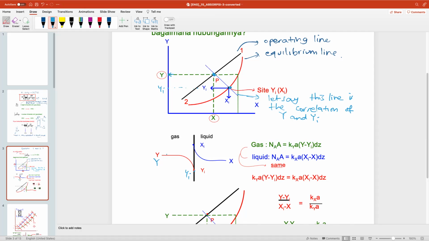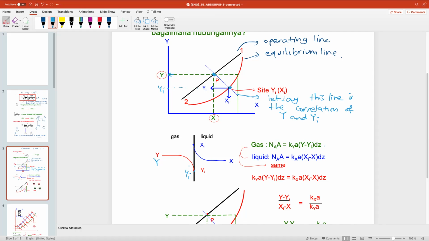The delta is the differential, the driving force. If you have higher y to yi, then you have a high mass transfer. And then multiply with dv.